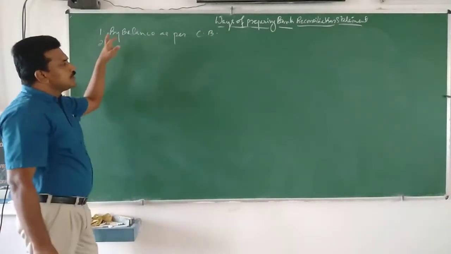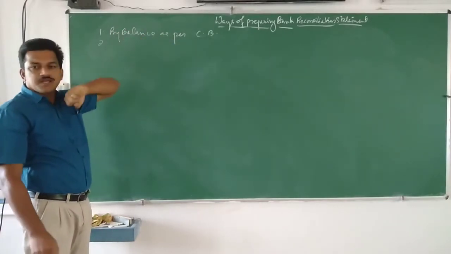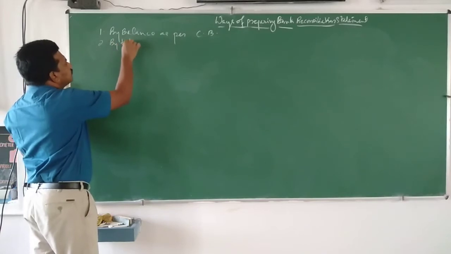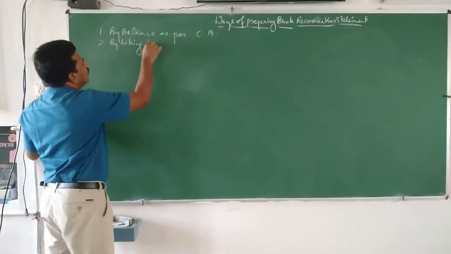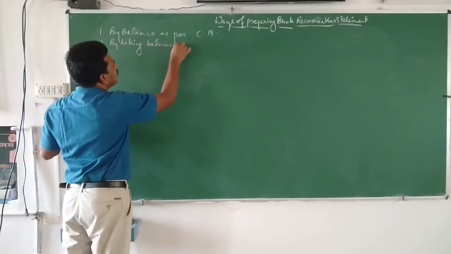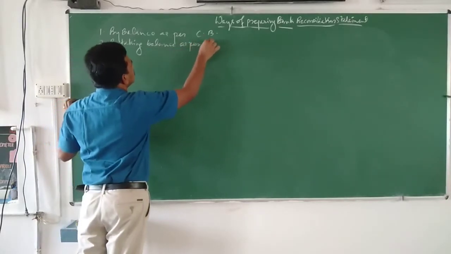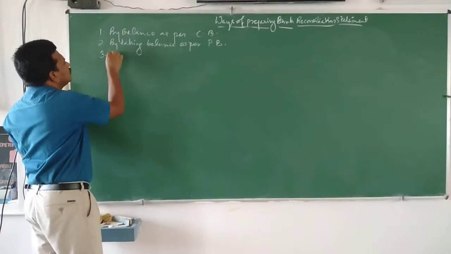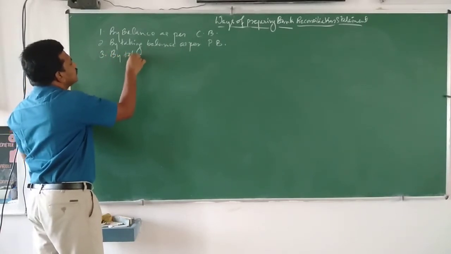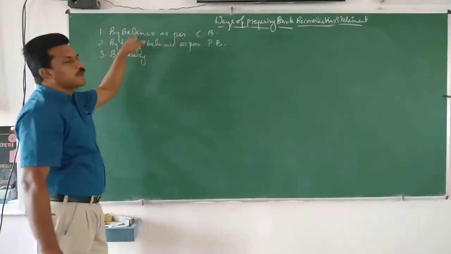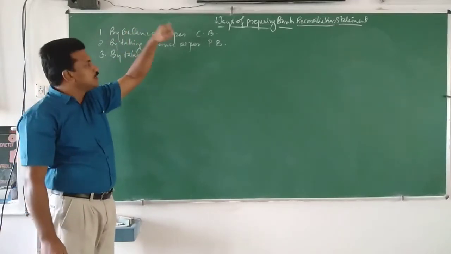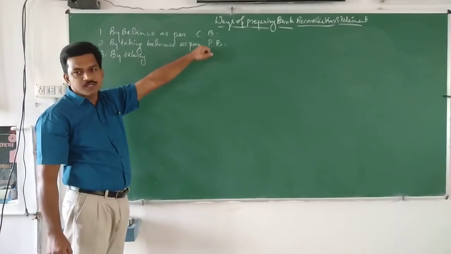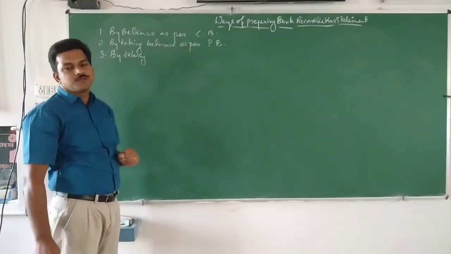Second one, by taking balance as per cash book. Then second one, by taking balance as per passbook. Third one, by taking favorable balance. That means in cash book it will be debit balance, and the favorable balance in the passbook will be credit balance.